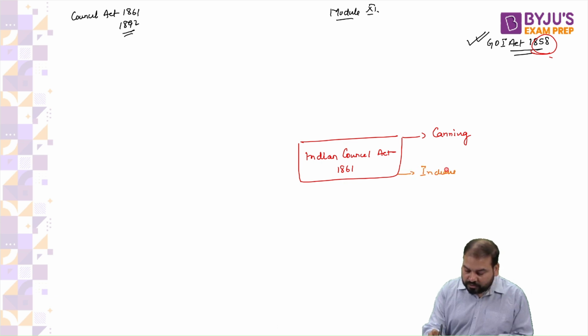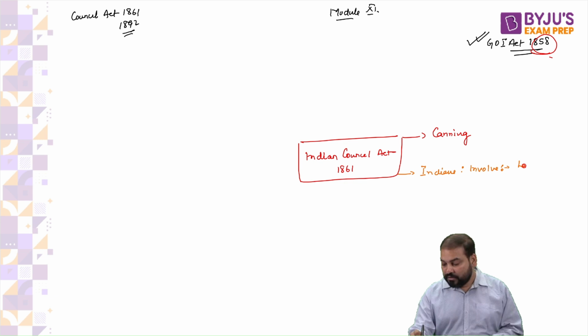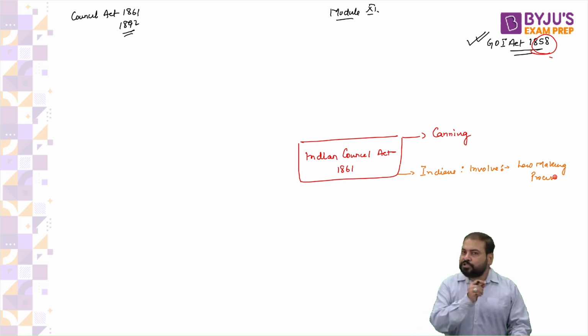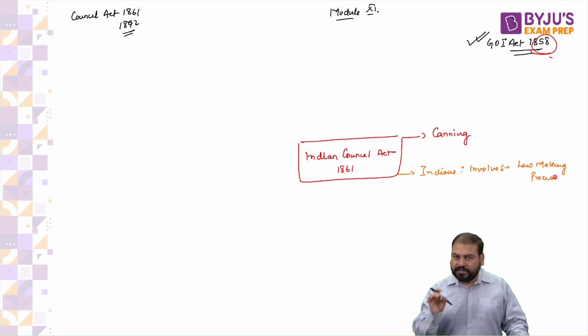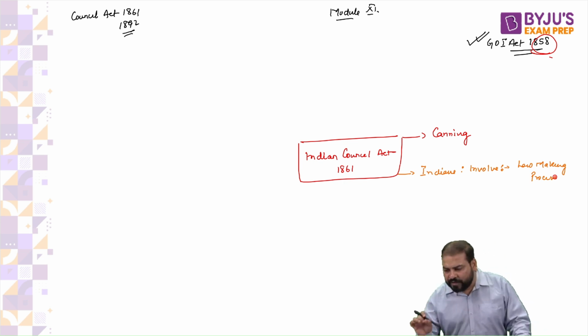Now, why was this law brought? This was brought to involve Indians in the law-making process. Just a few minutes back, what did we study? The 1853 Charter Act. In the 1853 Charter Act, there were 12 members.